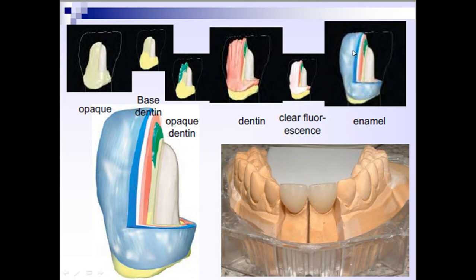Whenever you are forming a restoration over any metal substructure or ceramic substructure, we are going to use different kinds of ceramic materials with different coefficients of thermal expansion to get the whole anatomy of the tooth. So accordingly, we have given a color coding for each and every material. The yellow one is known as opaque, that is opaque dentine.